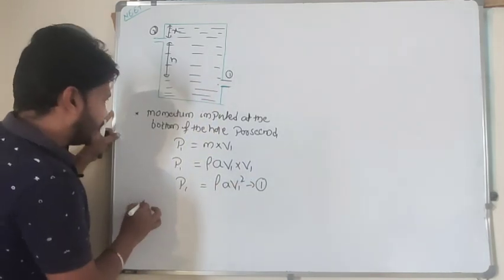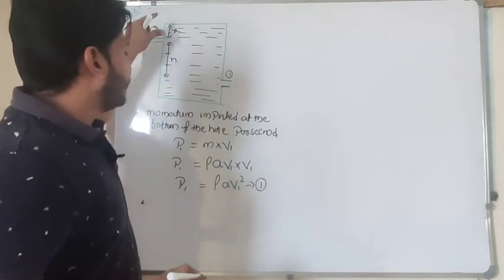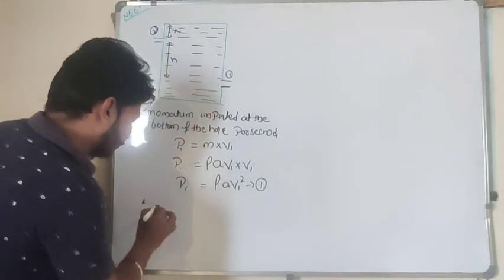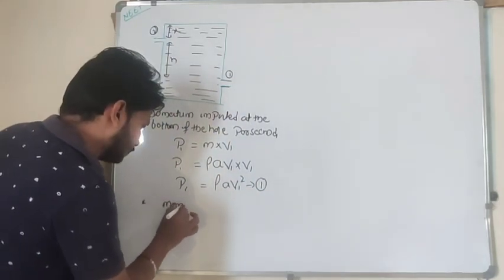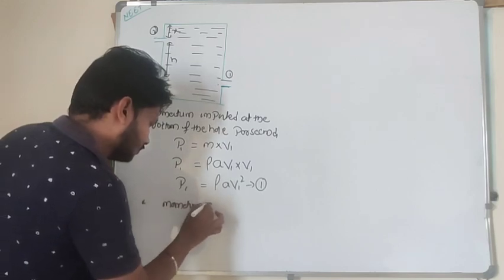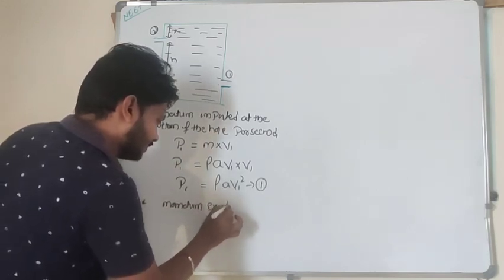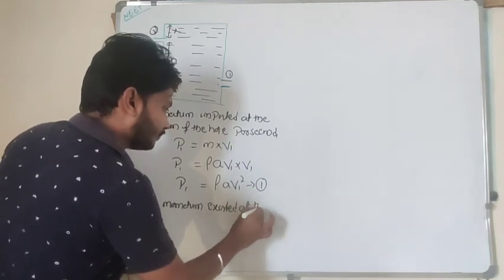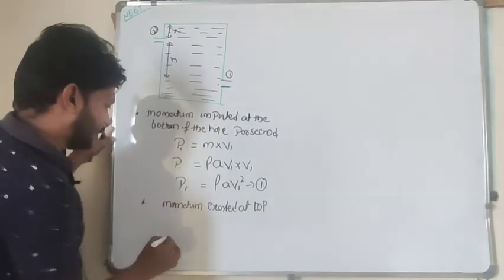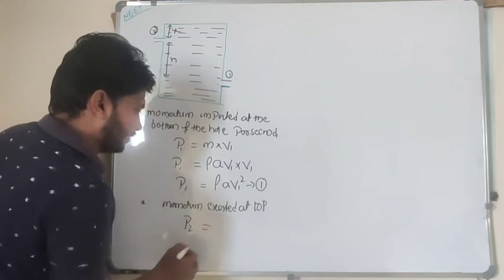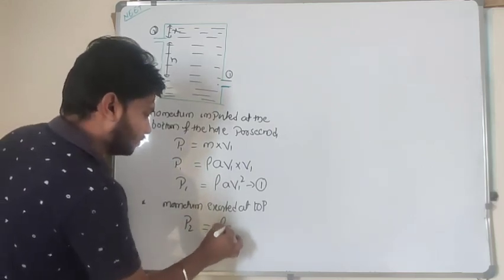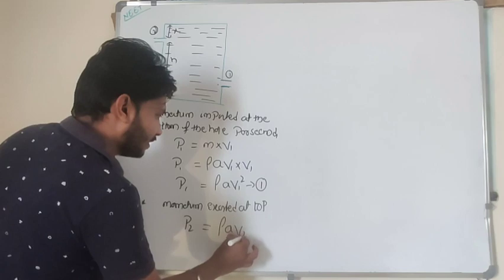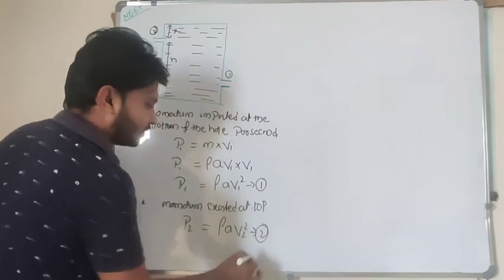In the similar way, momentum exerted at the top hole per second, I can consider as P2, which is equal to rho into A into V2 square, right?